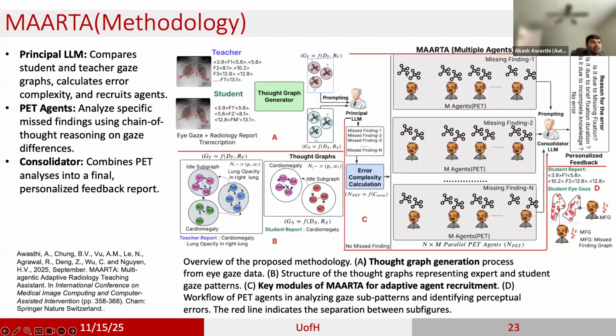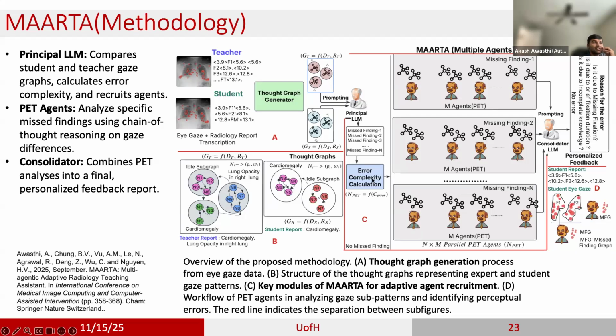Is it that there is no fixation corresponding to the lung opacity subgraph? Is it the fixation that he doesn't have on those regions, or is it due to reduced duration, or is it that all the points exist but there is incomplete knowledge? Now you can see the amount of data this particular agent is going to analyze is less than what SCoT used to. SCoT used to take both bigger graphs containing many subgraphs and then do the reasoning.